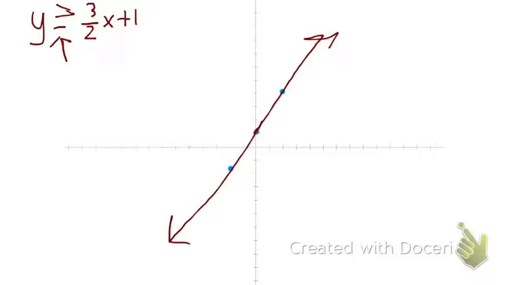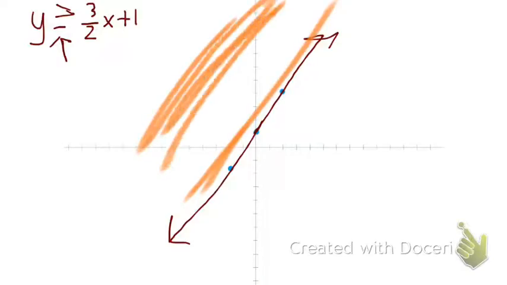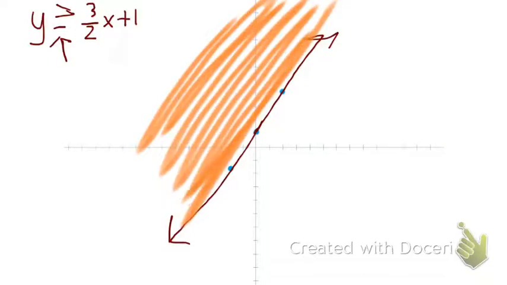Alrighty, now we get a shade. I don't want green, so let's go, how about peach? Y is greater than that line. So where is the top of the line? Where is it greater than? Well, hopefully you're catching on that the greater than region is going to be up here.